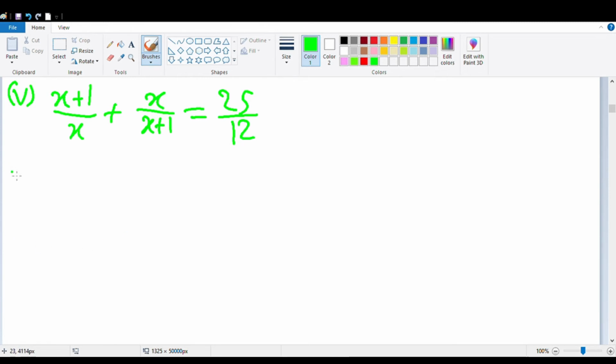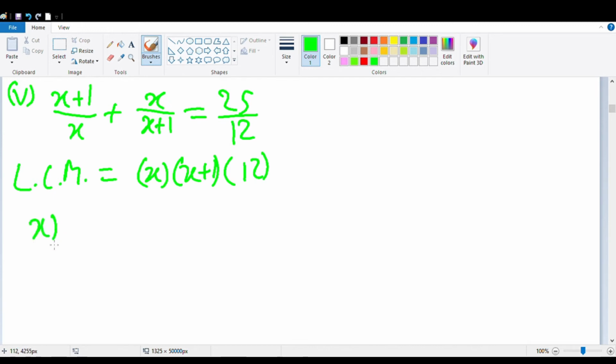Okay, let's find the LCM. The LCM is x into x plus 1 into 12. And let's multiply all these terms by this.